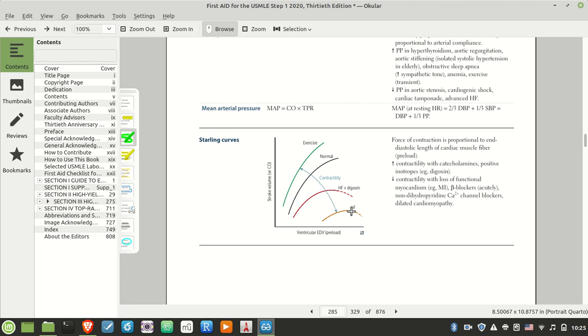So, high preload, low stroke volume. You can have questions on your exam here with arrows, right? They say this thing goes up, this thing goes down, one of these things stays the same. So just remember that for heart failure, you would have very low cardiac output and low stroke volume. They would mirror each other in that sense. But the preload would be elevated.